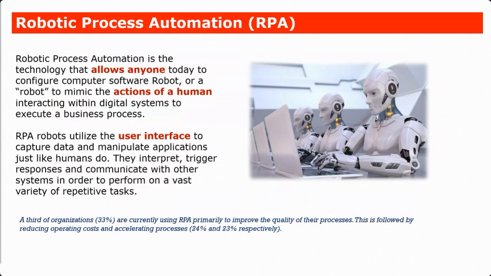So RPA works in a similar way to a human. Instead of you doing the work, a bot designed to perform the actions the way you do is what we consider robotic process automation.